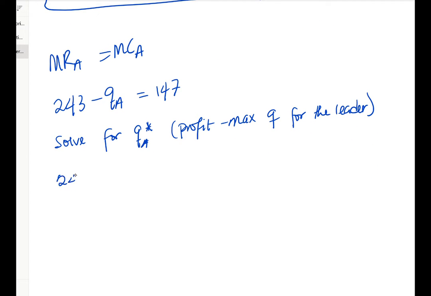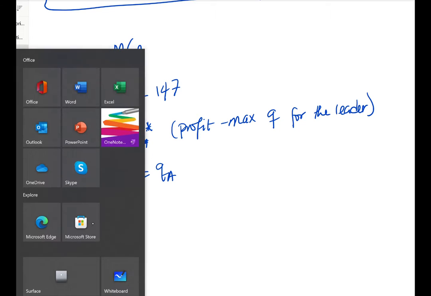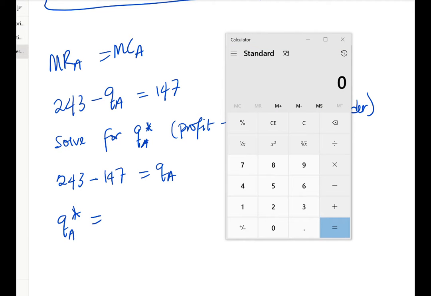So we have 243 minus 147 is equal to QA. So our QA star will end up being 96, but let's use our calculator to check. 243 minus 147 is 96. Wonderful.